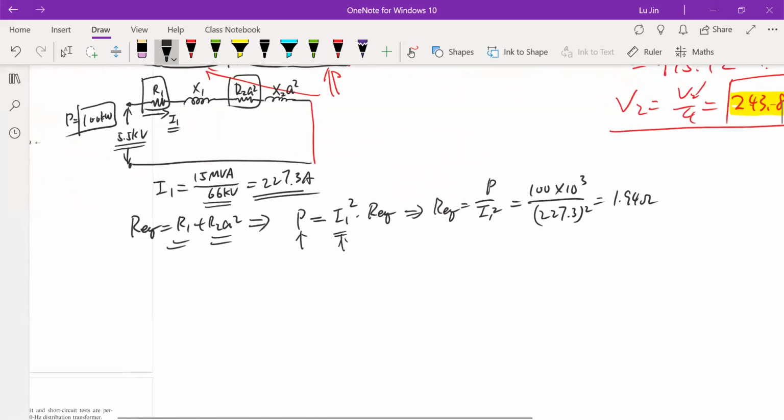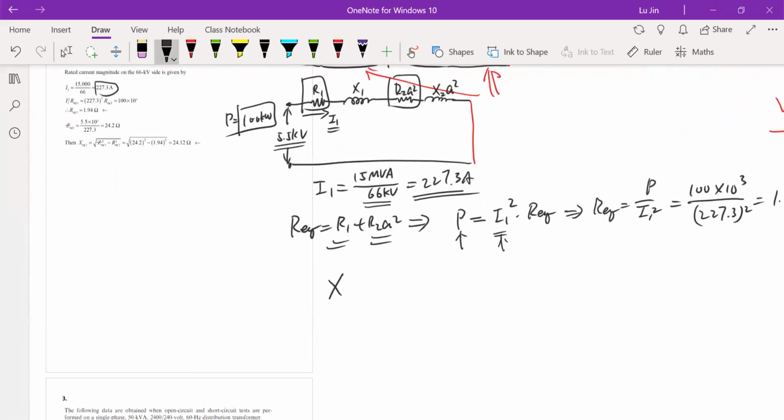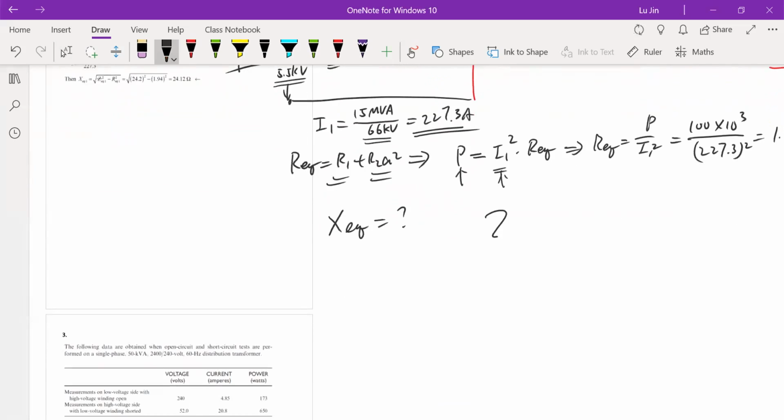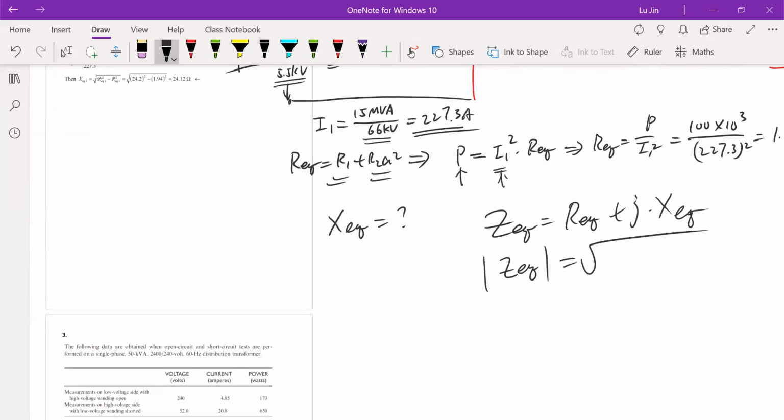Regarding the second step, we want to determine what the equivalent reactance is equal to. We know before the total equivalent impedance, ZEQ, equals REQ plus j multiplied by XEQ. The magnitude of this equivalent impedance should be equal to square root of REQ squared plus XEQ squared.